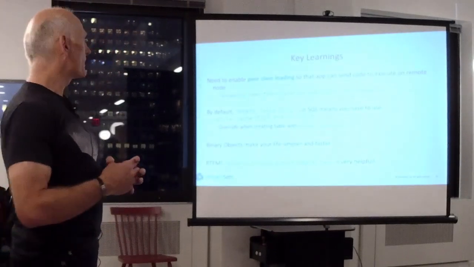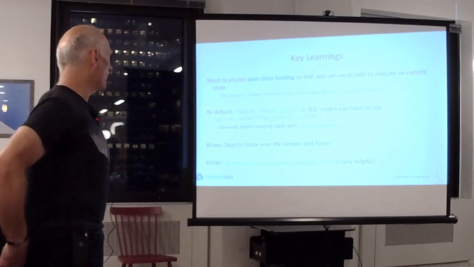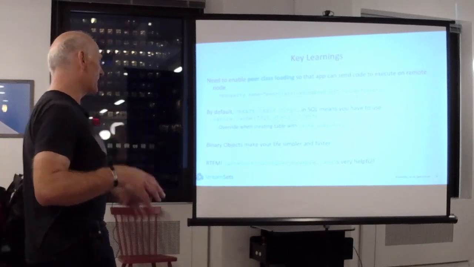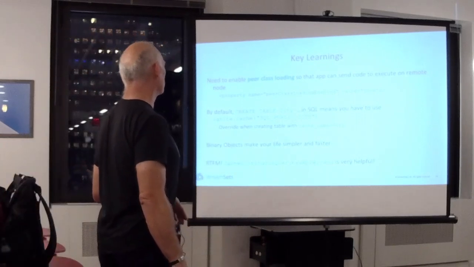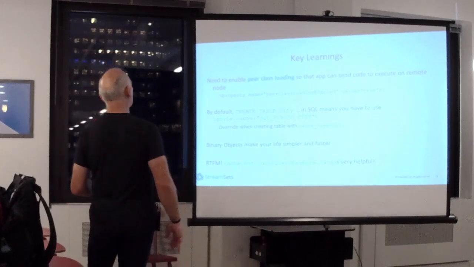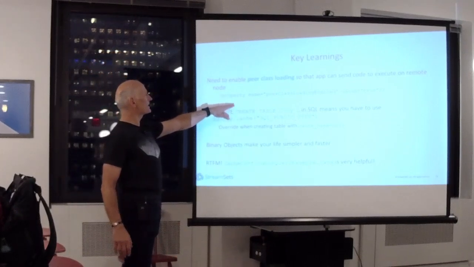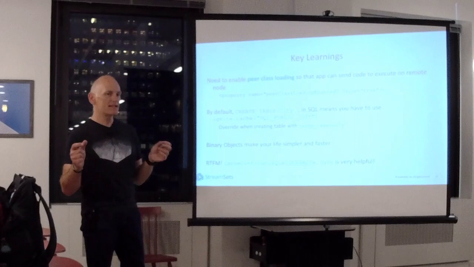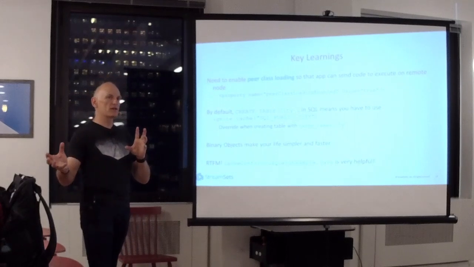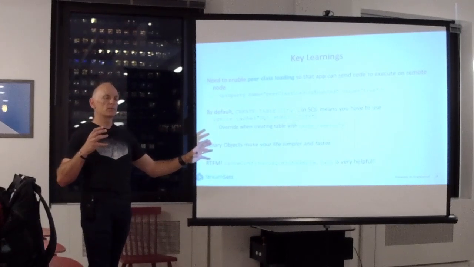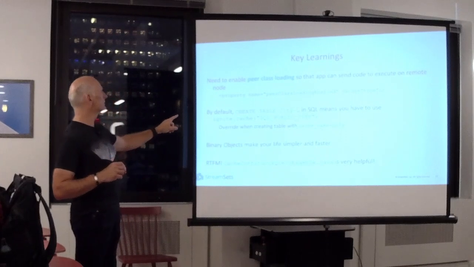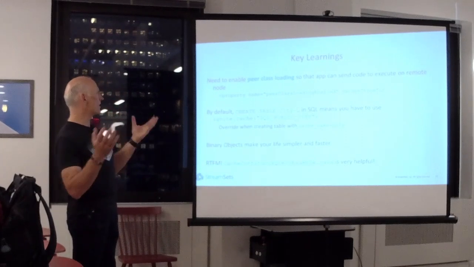Okay, so my key learnings from this. This is great because if you try Ignite, you'll get some use from this. You have to remember to turn peer class loading on. This basically tells the database that it's going to be loading Java classes across the network, bits of Java code.